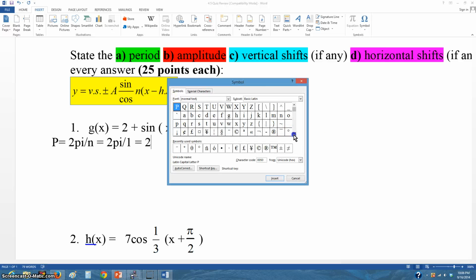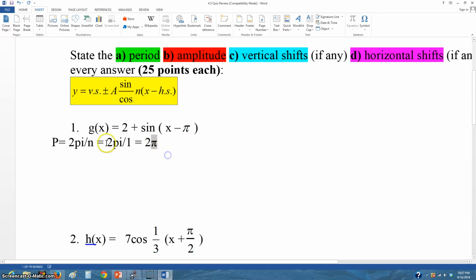Pretty sure I can type in the pi in here. Okay, 2 pi right there.